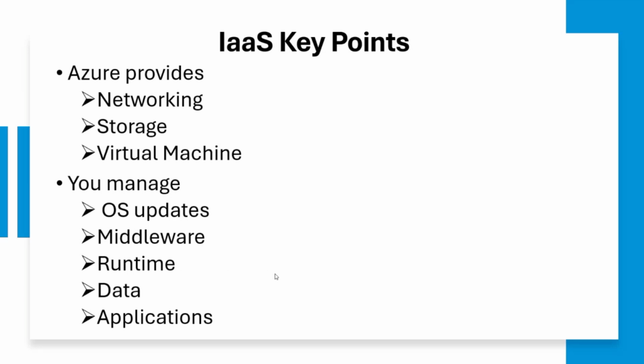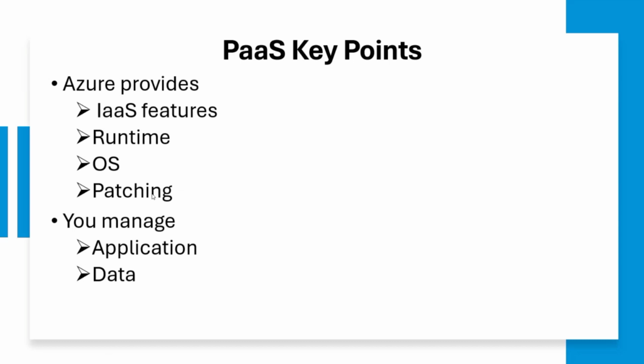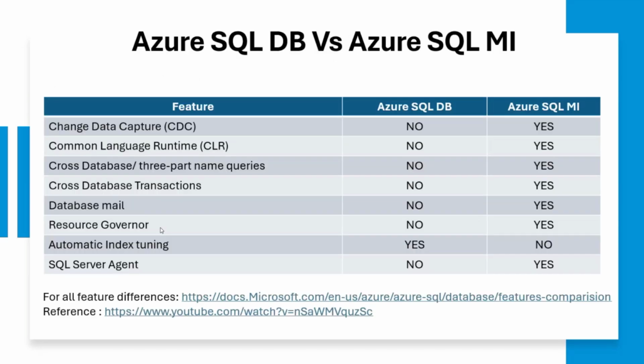Moving on, I think I talked about infrastructure as a service, platform as a service, and software as a service. And this is one table where you find the differences between Azure SQL Database and Managed Instance. If you see the table, you have change data capture, common language runtime, cross database queries, cross database transactions, database mail, resource governor, and SQL Server Agent.